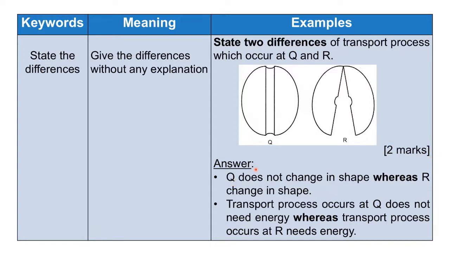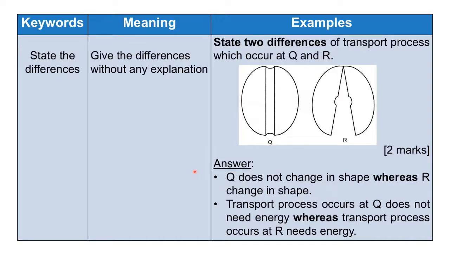To answer this question, you need to give the differences without any explanation, which means you need to state two differences only. No need to explain the differences between these two types of transport proteins.